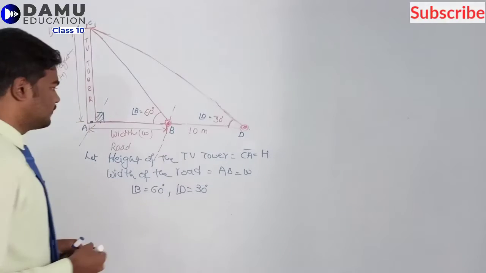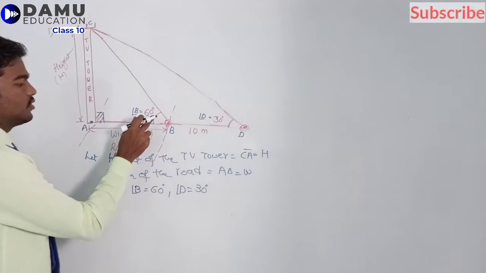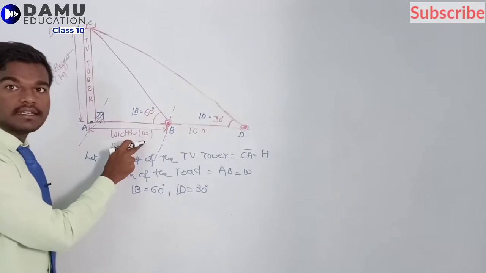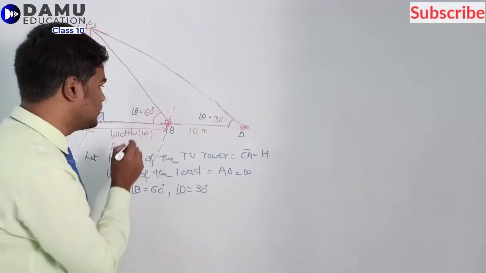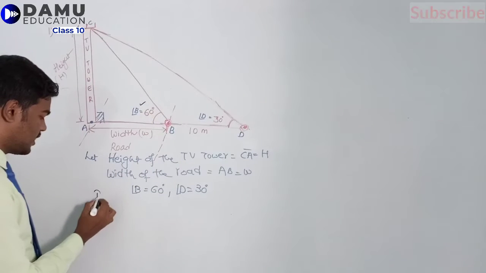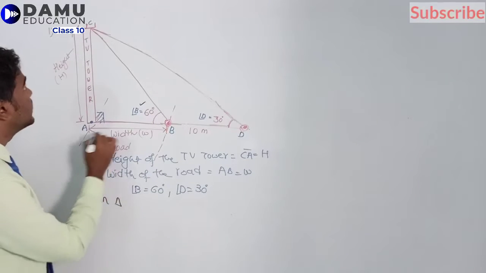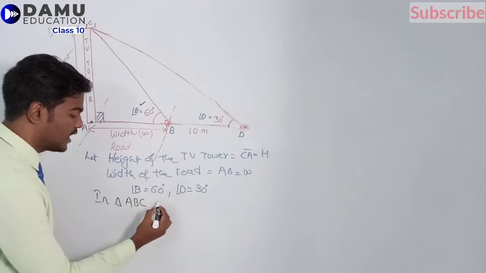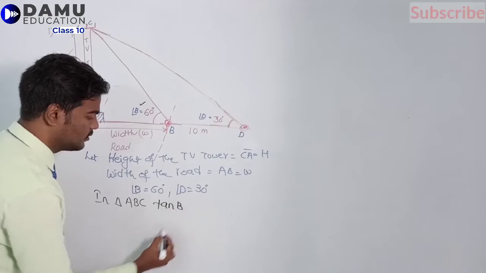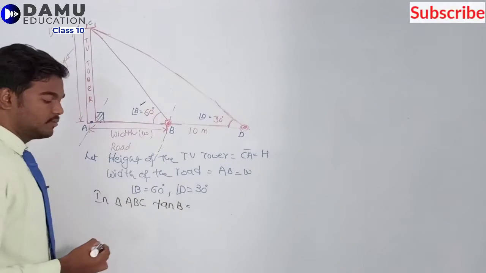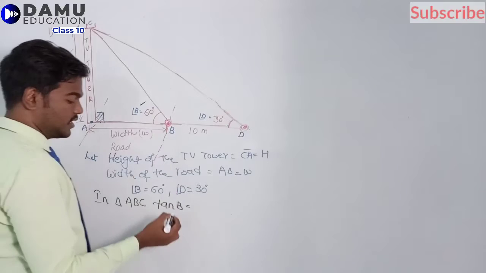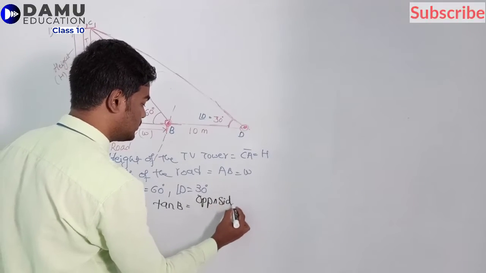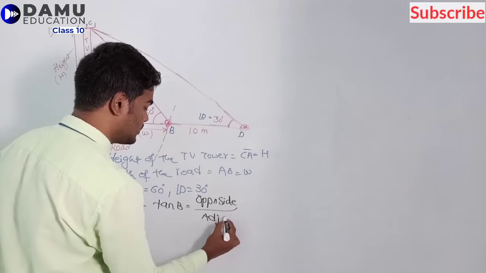So let's consider the first one. For this, we consider the opposite side and adjacent side, so we take tan theta, tan 60 degrees. In triangle ABC, what is tan B? Tan B is opposite side by adjacent side.